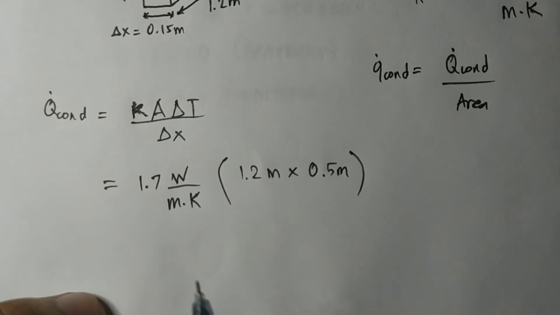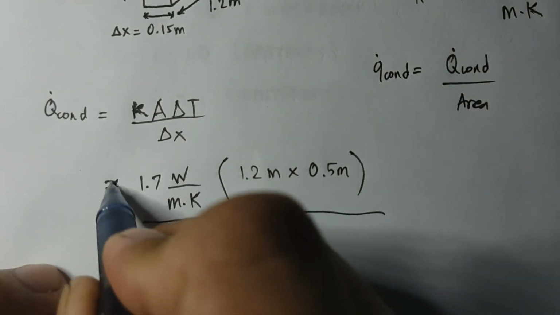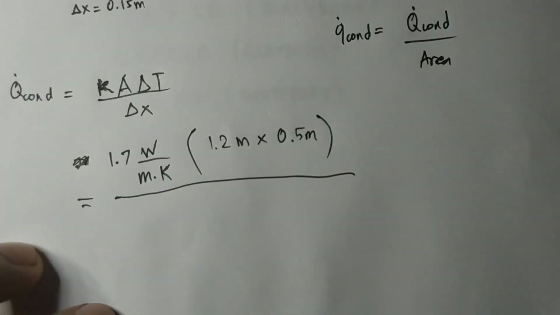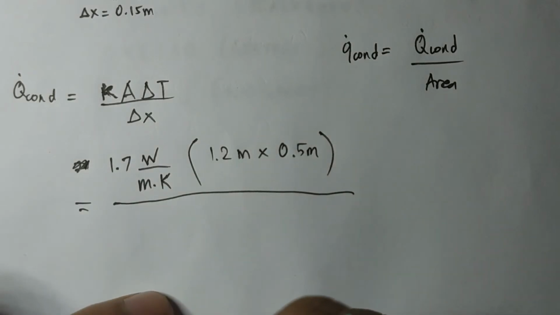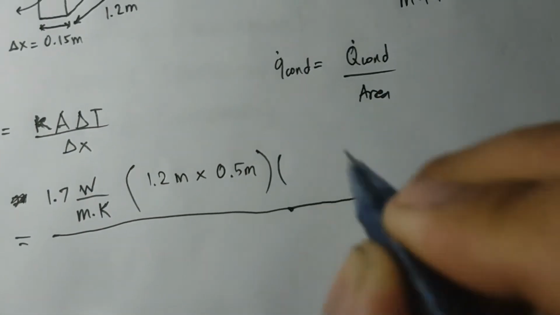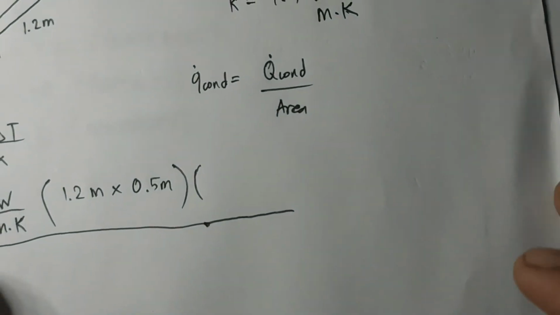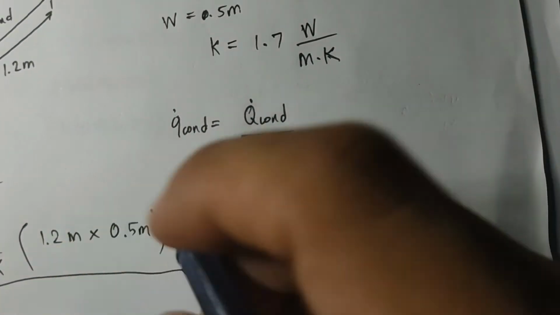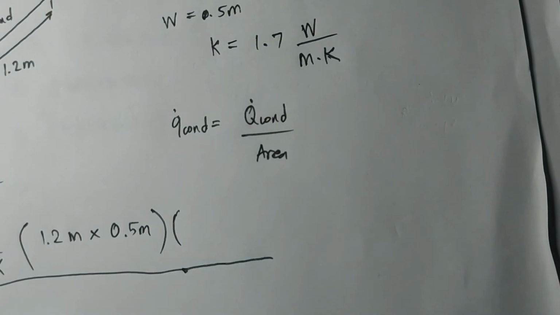And then we have delta T. Ano ba yung difference nung temperatures mo? So, syempre, uunahin natin yung mas mainit kaysa sa mas malamig para maging positive siya.